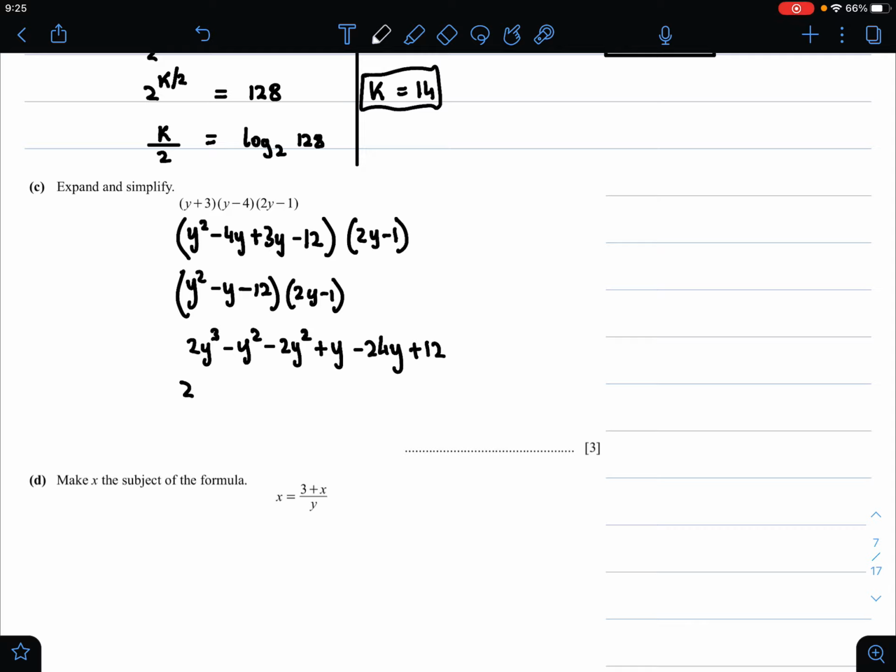So 2y cube minus 3y square minus 23y plus 12. So this will be our final answer for part C.